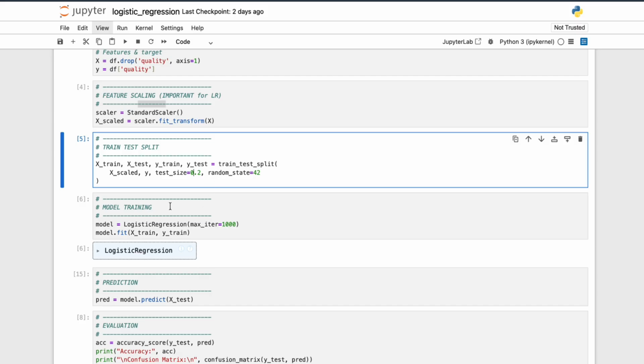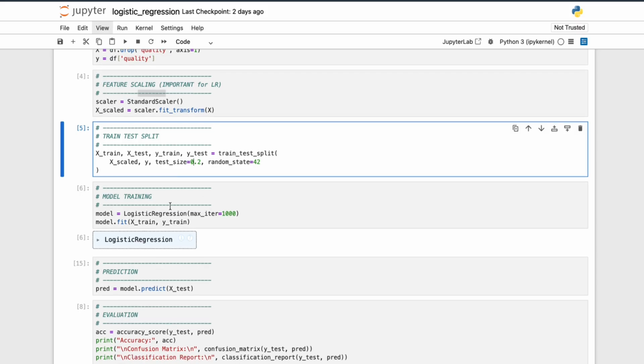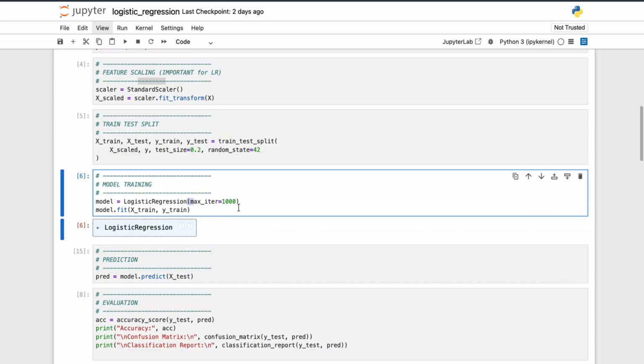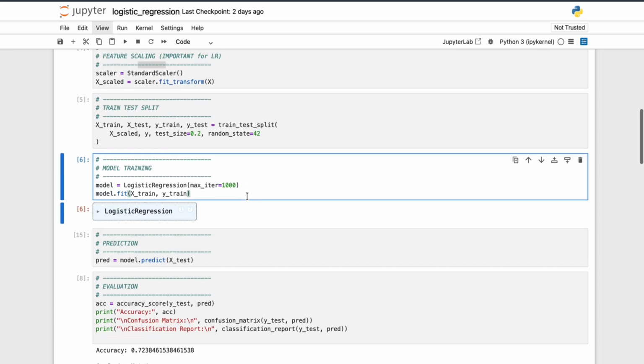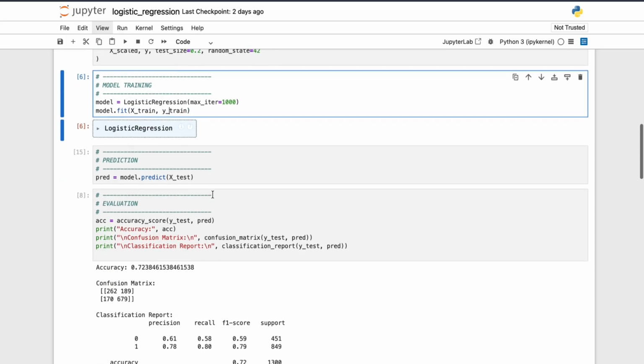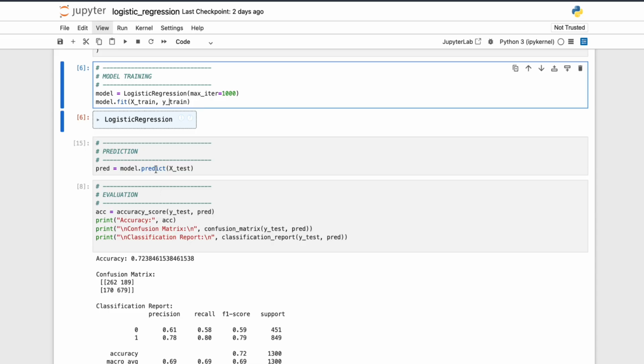Then I created the logistic regression model using scikit-learn. I set max iter to 1000 to make sure the model has enough iterations to converge properly. After that, I trained the model using the training dataset with the fit function. And once training was completed, I used the model to make predictions on the testing dataset.